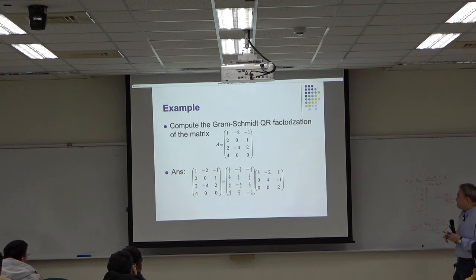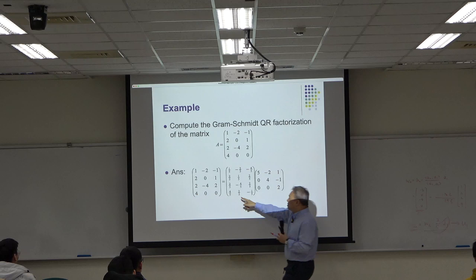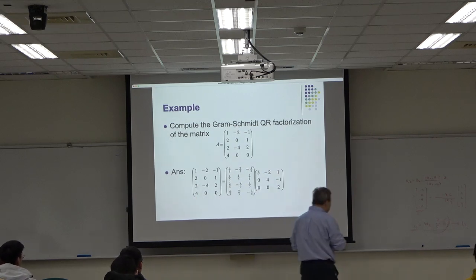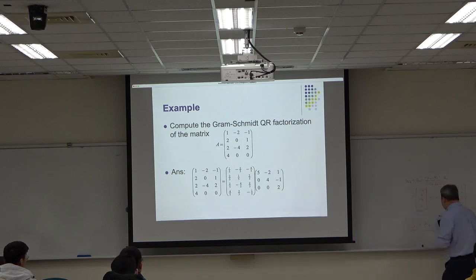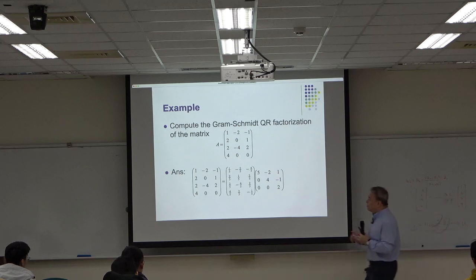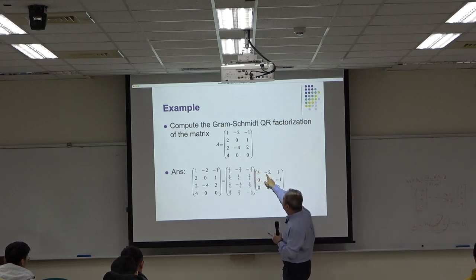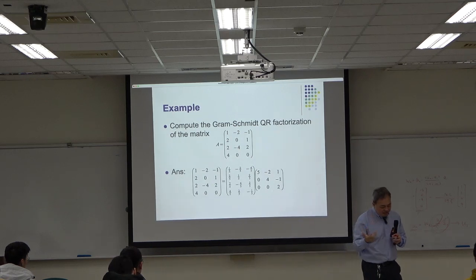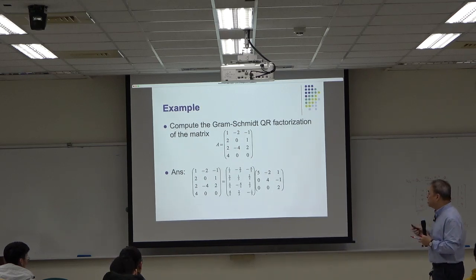So you can see you have -2 here. And this is, as I said, the length of this vector.